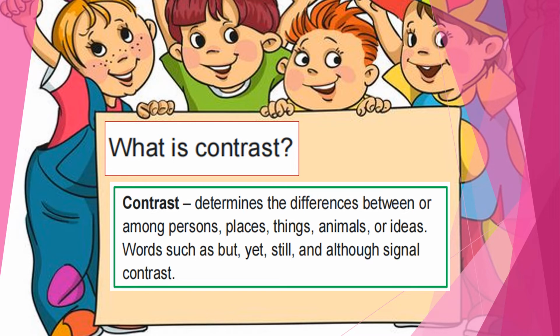When we say contrast, we determine the differences between things. When we give differences between two things, places, persons, animals, or ideas, we say between. But when we say among, yes, it is three or more.